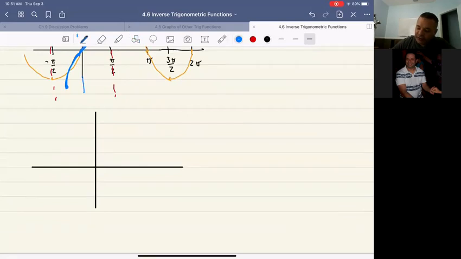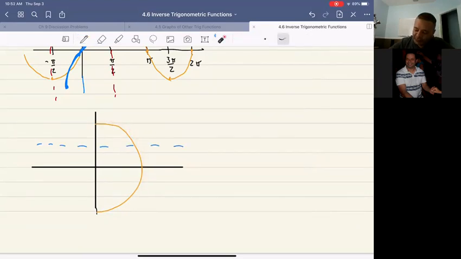I draw only the right half of it, and then I think about the angles that are on this side of the unit circle.